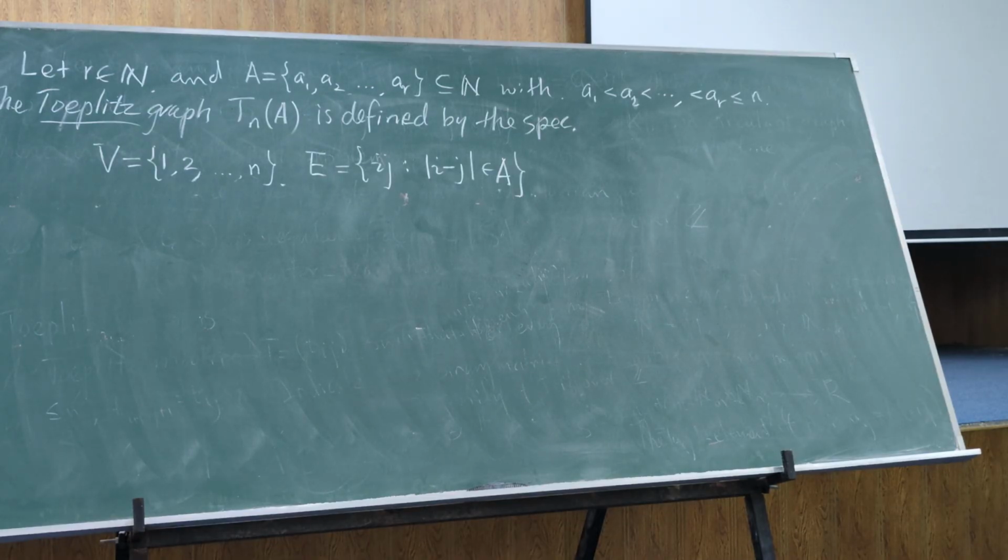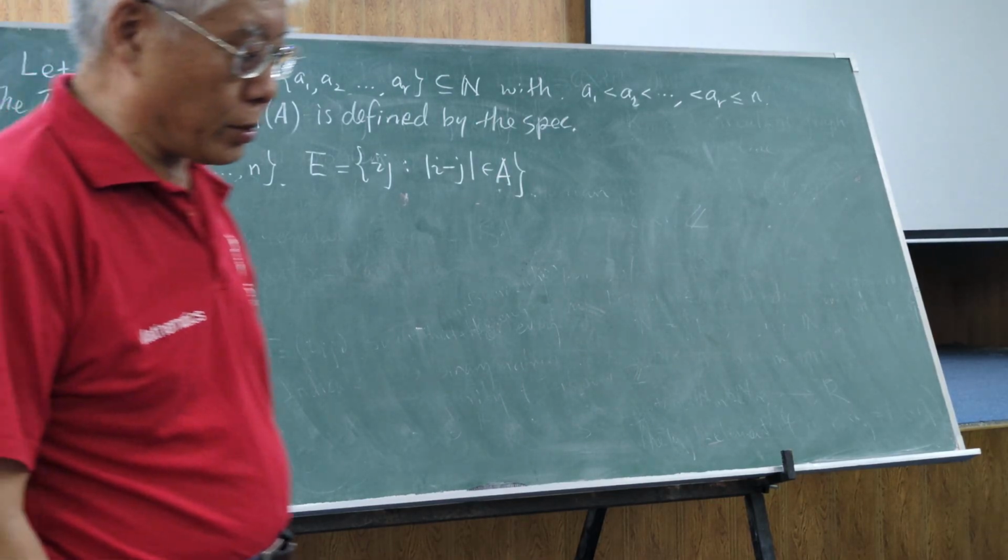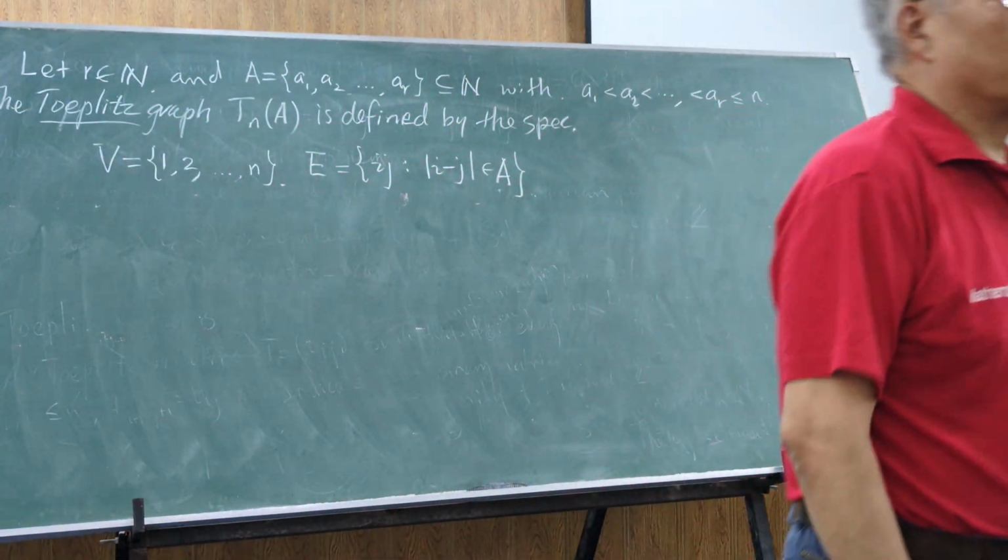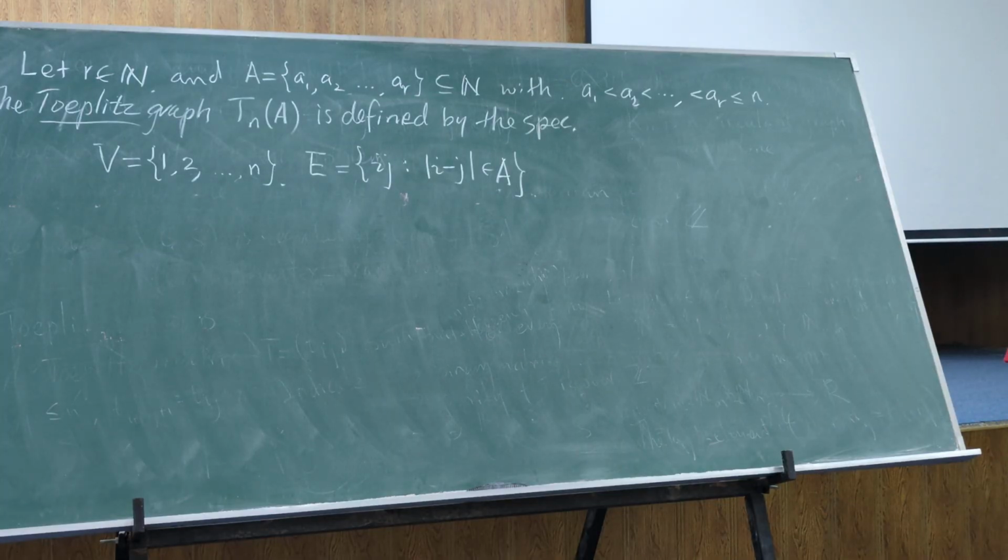And this is a circular graph, because now you can take the vertices to be 0, 1, 2, 3 up to 6, modulo 7, and then taking a generating set of 4 elements, you can get this graph. That gives you a hint that every Toeplitz graph is a spanning subgraph of a circular graph. That was the proposition: for every Toeplitz graph T, there exists a circular graph G, so that T is a spanning subgraph of G.